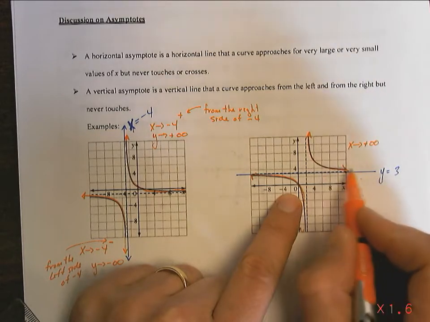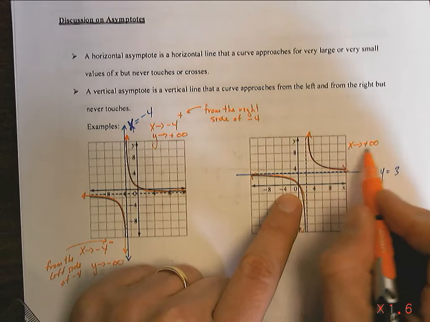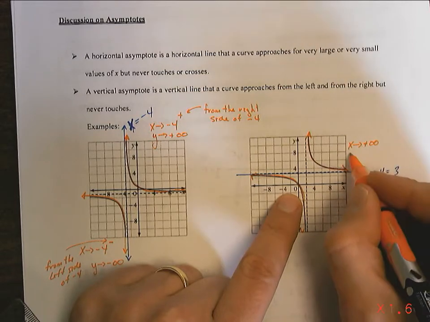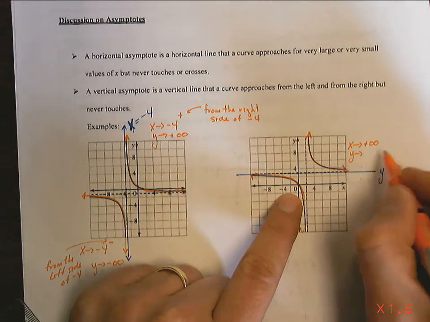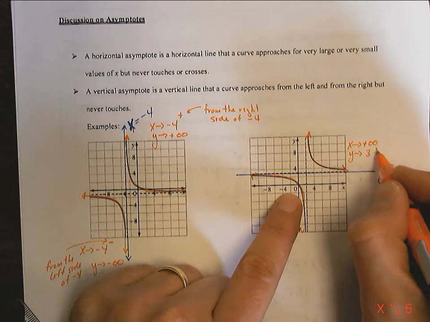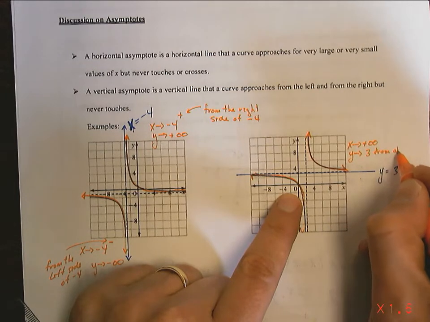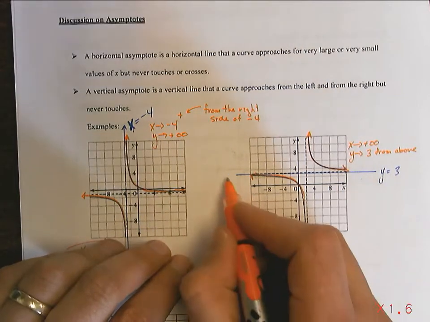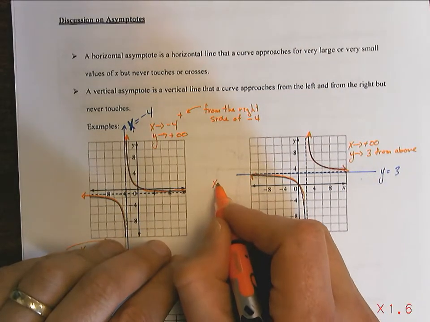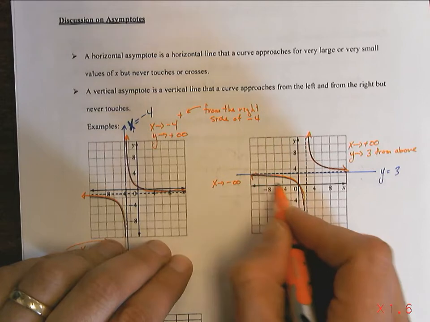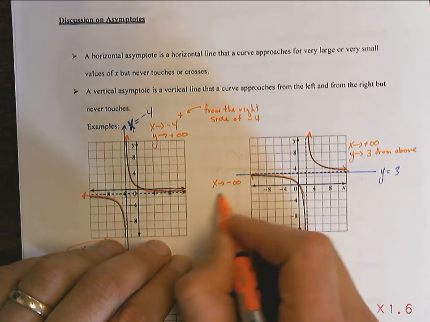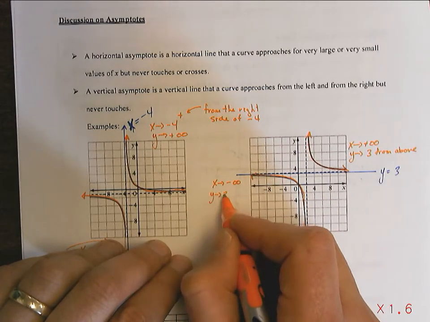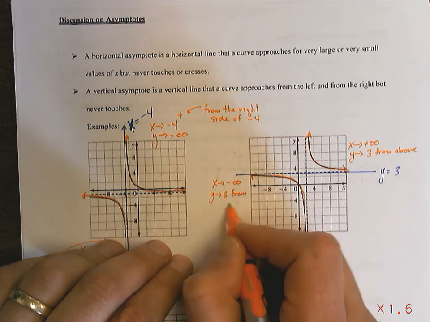So as x approaches positive infinity, the curve is approaching y equals 3 from above. That's a horizontal asymptote. And over here, as x approaches negative infinity, you'll see that the curve is approaching y equals 3 from below.